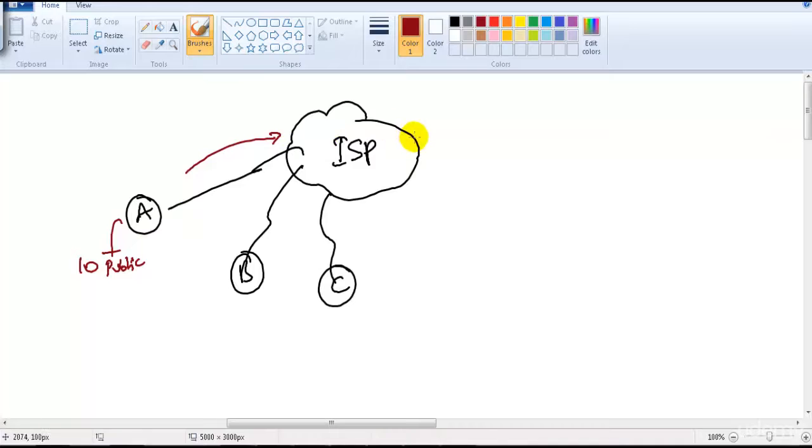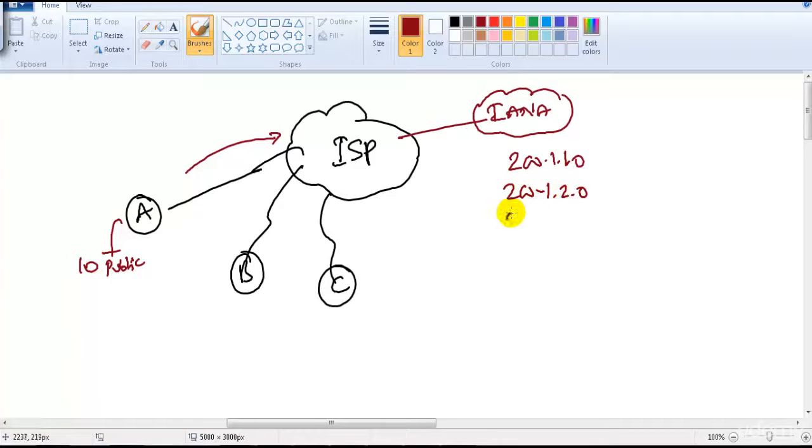The ISP got some public IPs from the registry, region-wise, and just as an example, it got some C class addresses from the local registry, and every C class network supports 256 addresses.